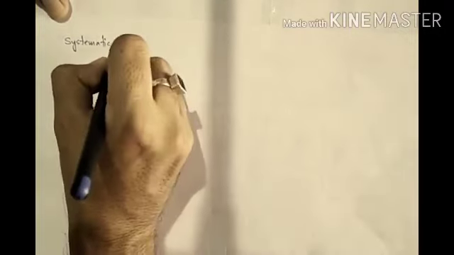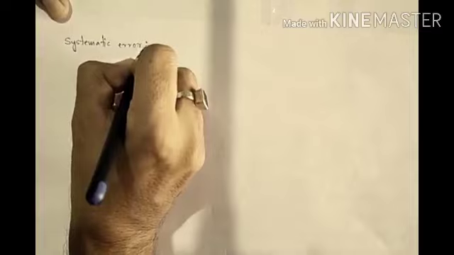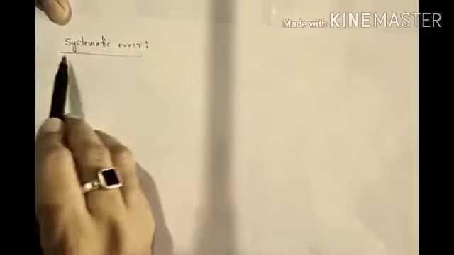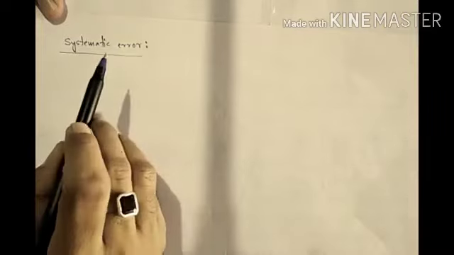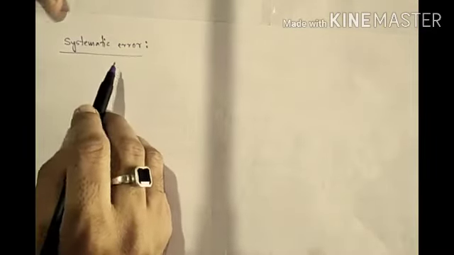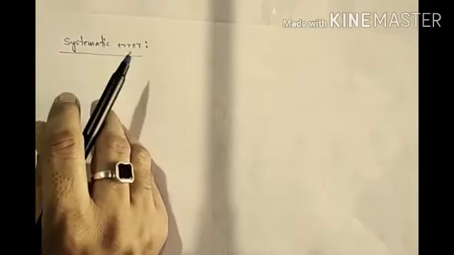Now let us try to understand systematic error. The very first point of the systematic error is that systematic error occurs due to miscalibration of the instrument. This is very, very important.